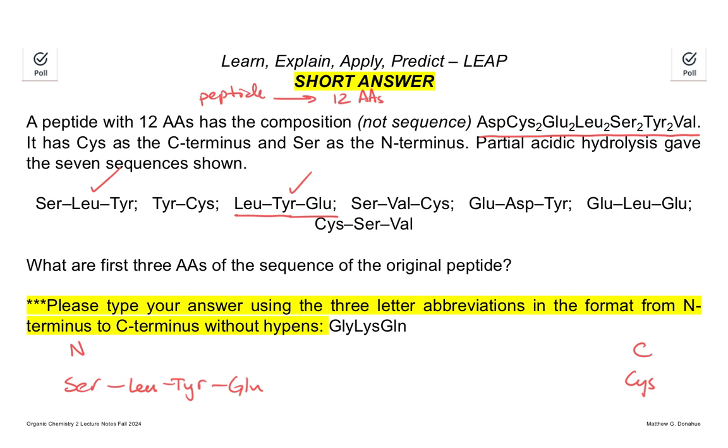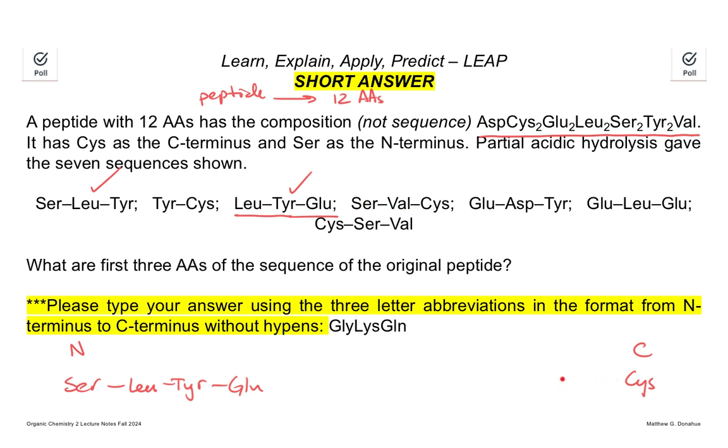So can we make another overlap? Maybe let's try, we'll go to the right side because we know that the Cys has to be there. So we have to use that over here, right?